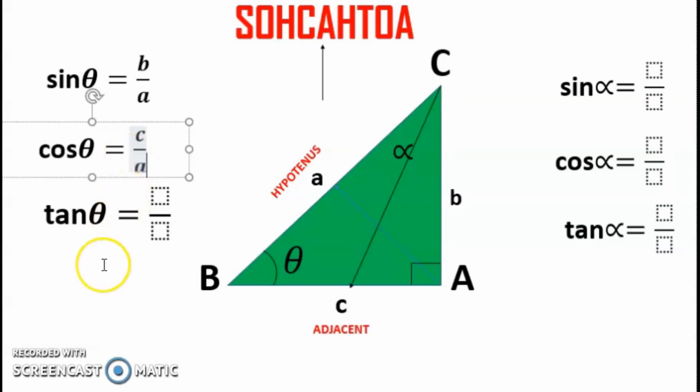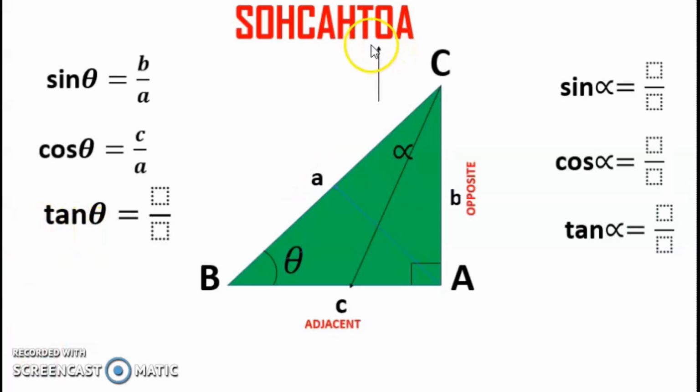Now the next one we are going to fill up is tan theta. How do we locate tan theta? Since we are asked to find tan theta, we use the acronym TOA. Just know that T simply means tangent and the angle under consideration is still theta.